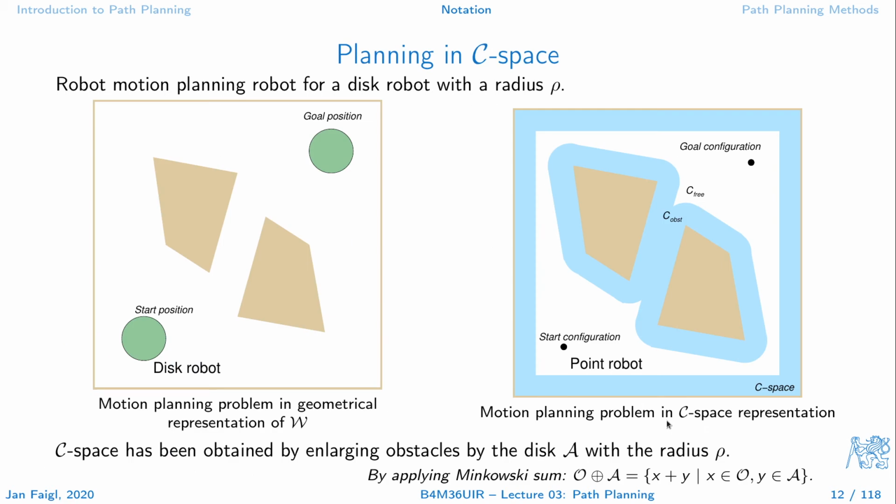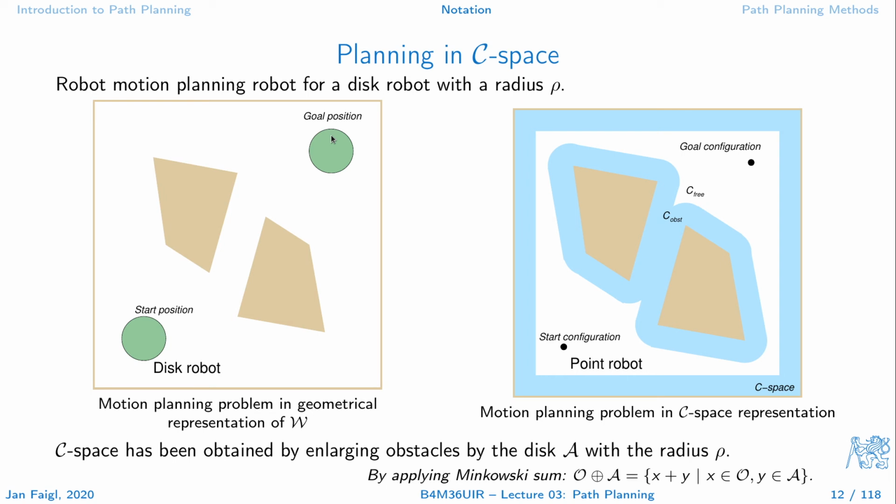So let's take a look at the planning in the C space, and we will have a geometrical map with polygonal obstacles. That is a sequence of vertices connected by straight line segments. We have a disk robot, which is nice. And some start position and goal position, and how we can find a path in this environment.